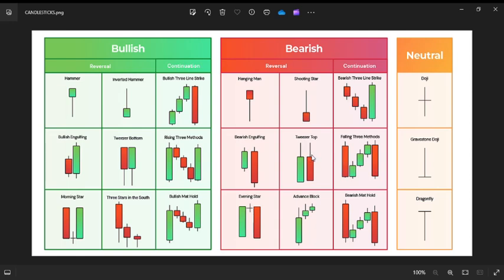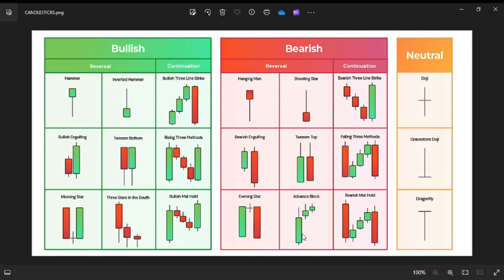So the market opens at the close price of the previous candlestick and then closes at exactly the open price of the previous candlestick.